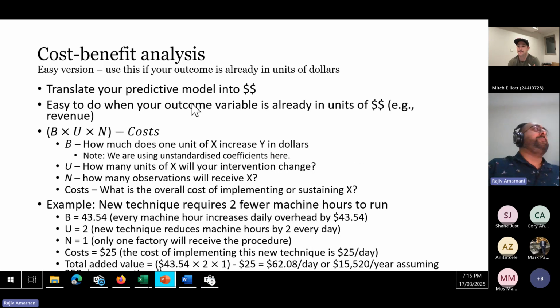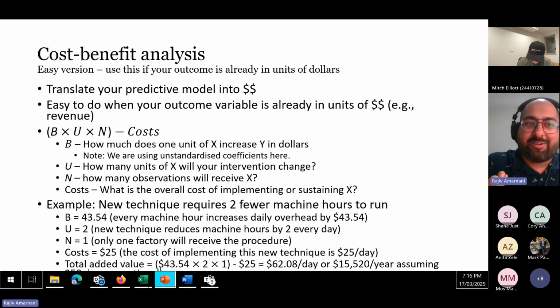Okay. Cost benefit analysis. Strongly recommend doing this for your projects. It is genuinely possible that this is the most important thing you take away from the unit, being able to do this with your regressions. And this is arguably why we do regressions: taking your predictive model and translating it into the dollar impact of a certain process or intervention.